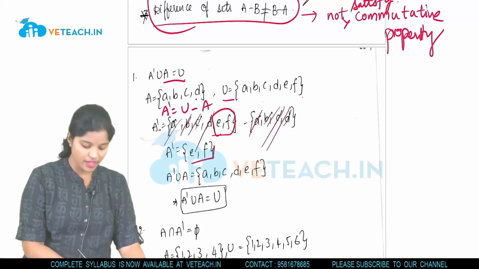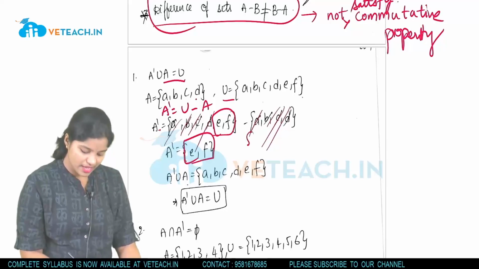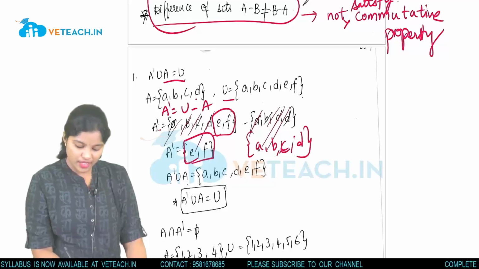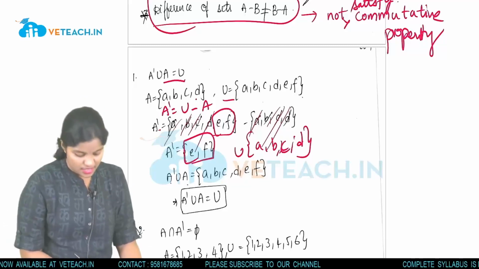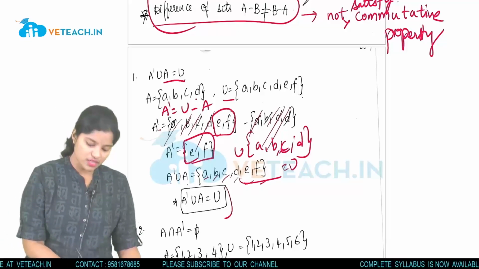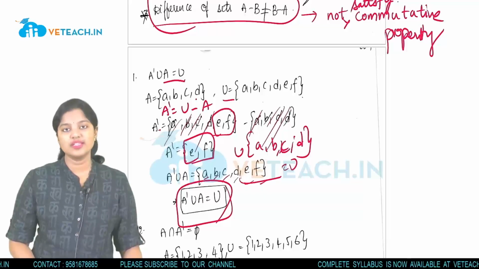That is e, f. This is A complement. Now A complement union A means, again, what is the A set? a, b, c, d. If we perform the union operation, we will write all the elements present here. So a, b, c, d, e, f. So again we are getting the universal set. So it is proved: A complement union A is equal to the universal set.